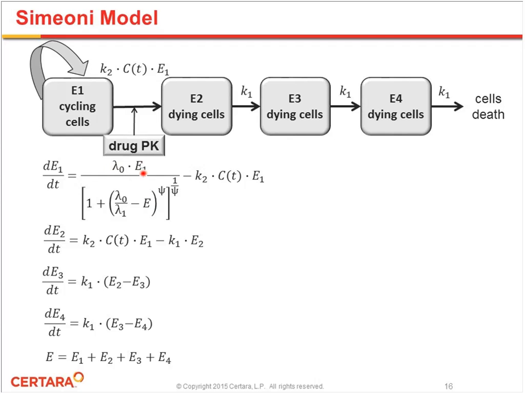But once it reaches a threshold volume, it switches over into the linear growth phase, and that is achieved by this construct with a high exponent. This is psi, and this is typically set to a high value like 20, in order to provide a sharp switch. And then you have this drug-induced decay, which is described by a proportionality factor K2.